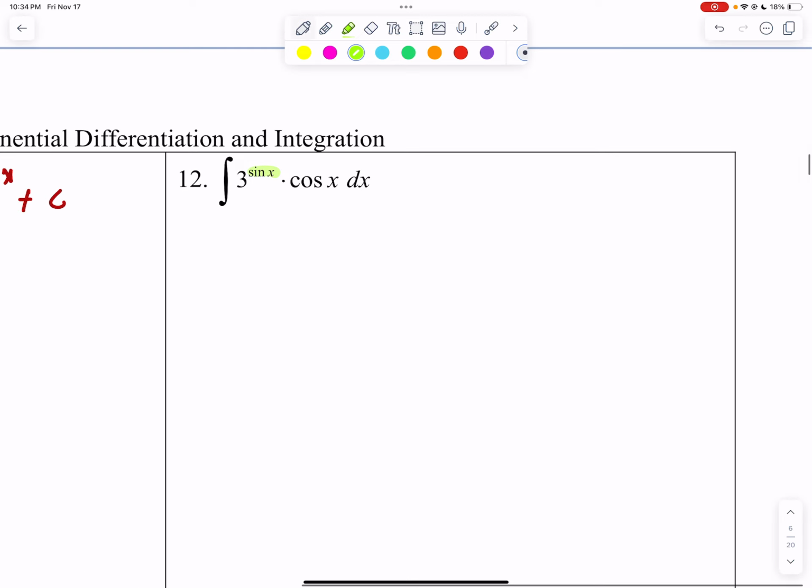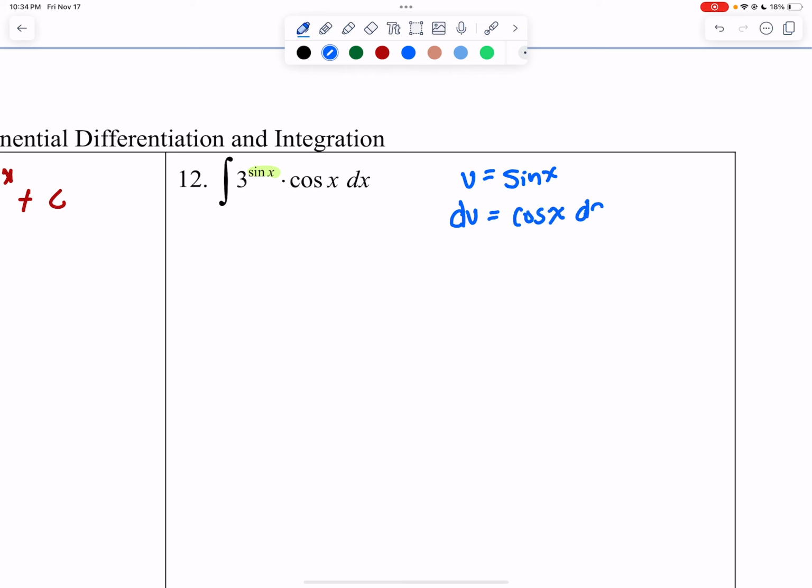So we're going to use u substitution and say, let sine x be u, so that du is cosine of x dx. Now, if that happens, remember that if I were to take the reciprocal of this, the cosines will eventually cancel out. So now I'm just left with the integral of 3 to the u du.